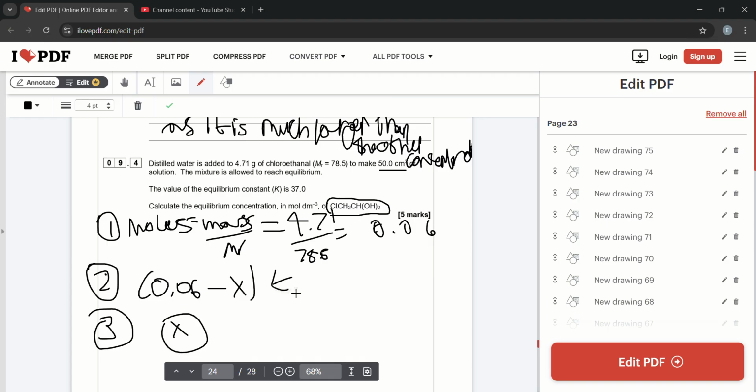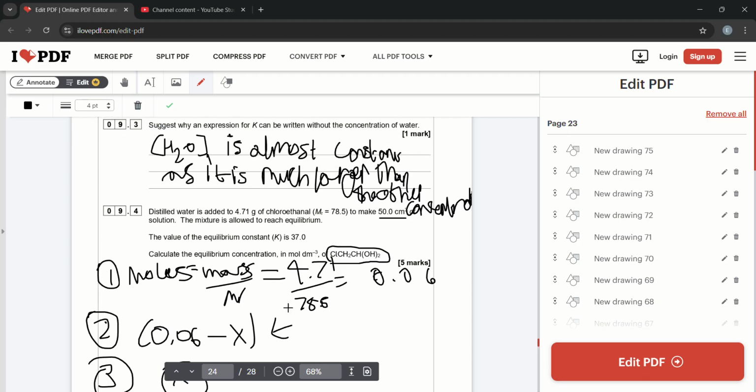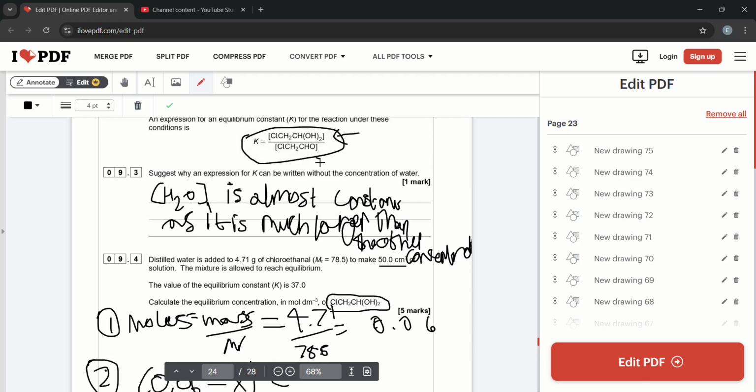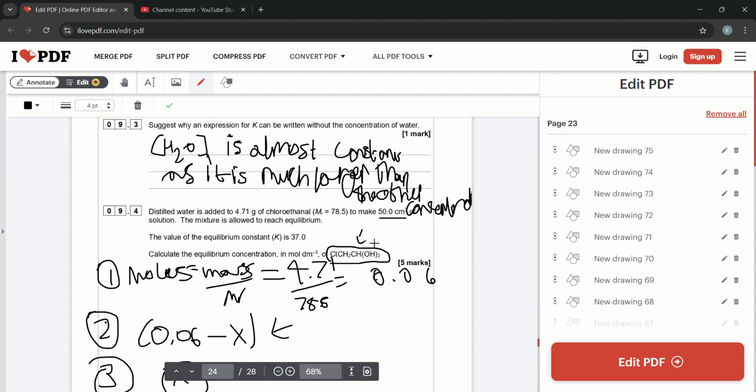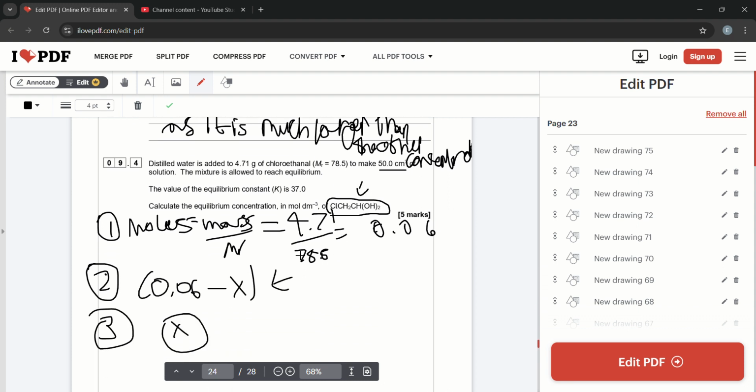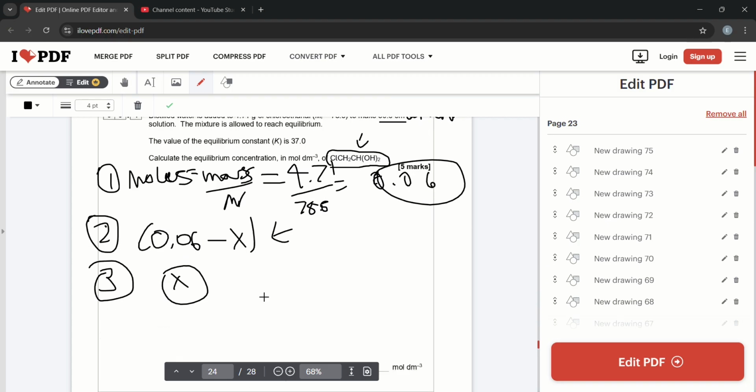If you're trying to find the equilibrium moles of ClCH2CHO, it's going to be 0.06 minus X, and this is just going to be X.